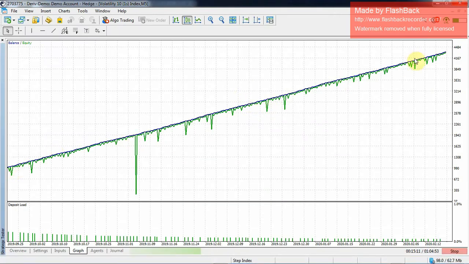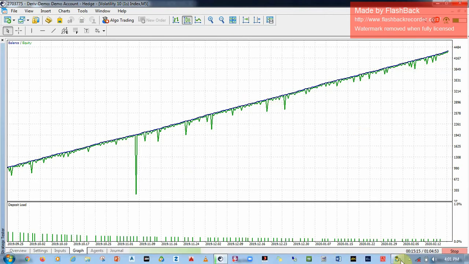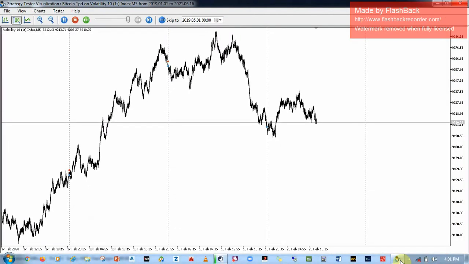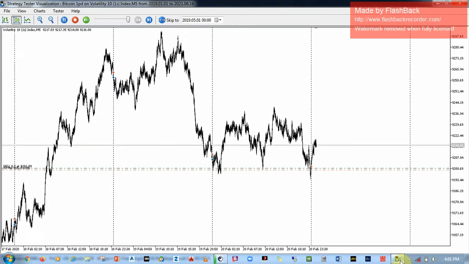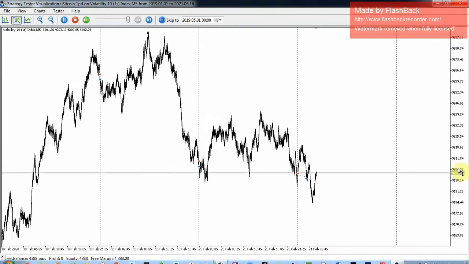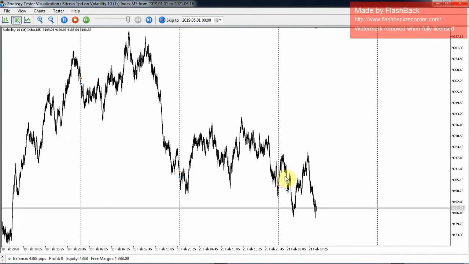Smooth curve there. We are now February 21st, 2020.